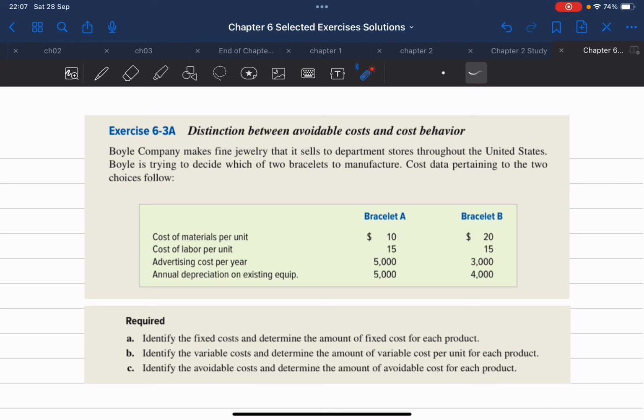So let's begin with A and B. I will first start by denoting each cost item and deciding whether it is a fixed cost or a variable cost on the table itself, just so it helps me with compiling my answer for the first two requirements.